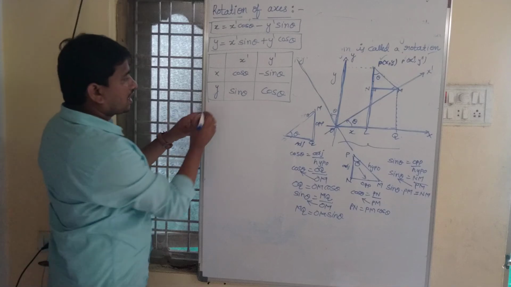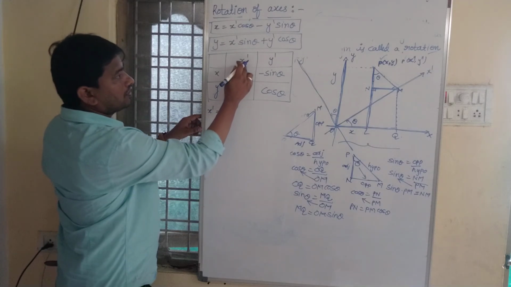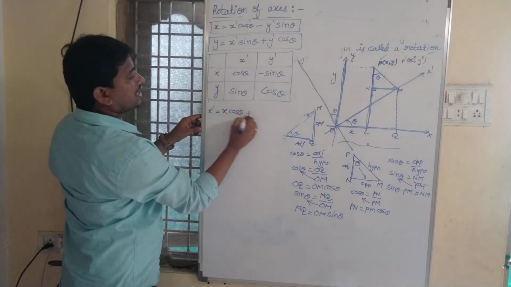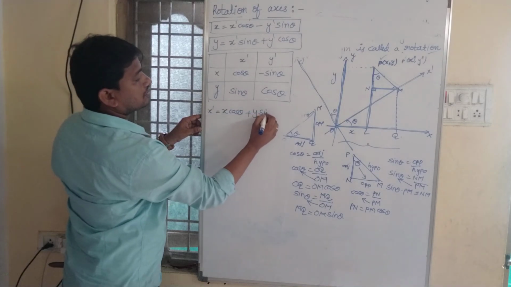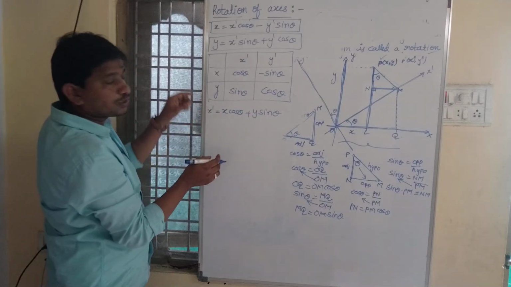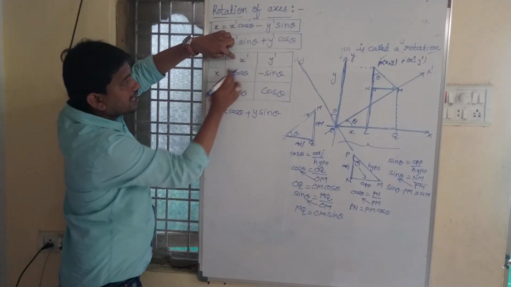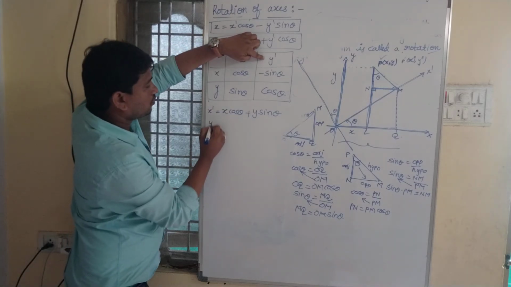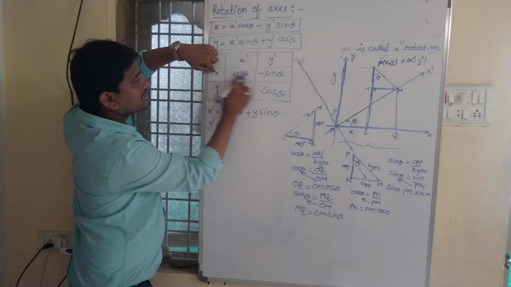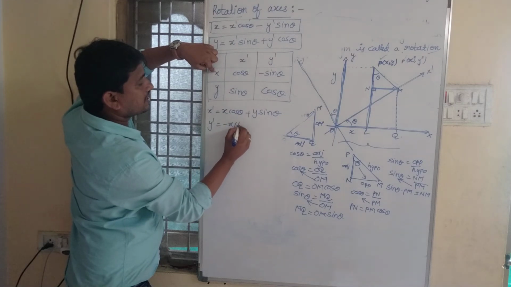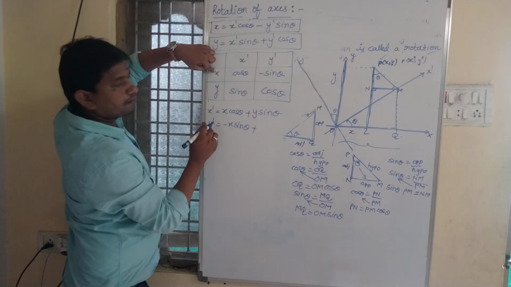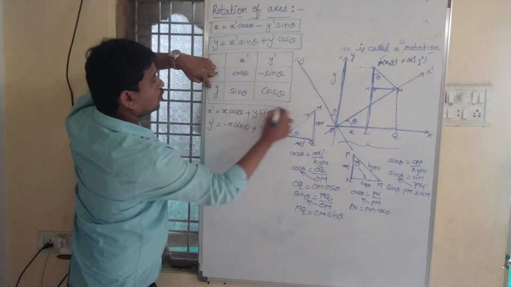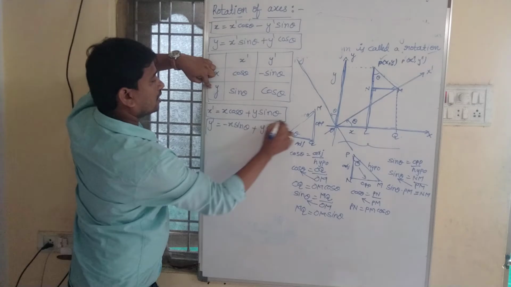Now let us find x dash. If you want x dash, it is x cos theta plus y sin theta. Students, are you understanding? To find x dash, x cos theta plus y sin theta, as well as to find y dash, it is x into minus sin theta, that is minus x sin theta, plus y into cos theta, y cos theta. These are the new axes, x dash and y dash.